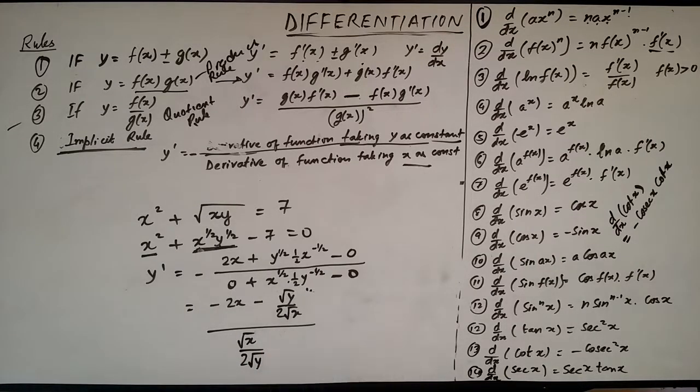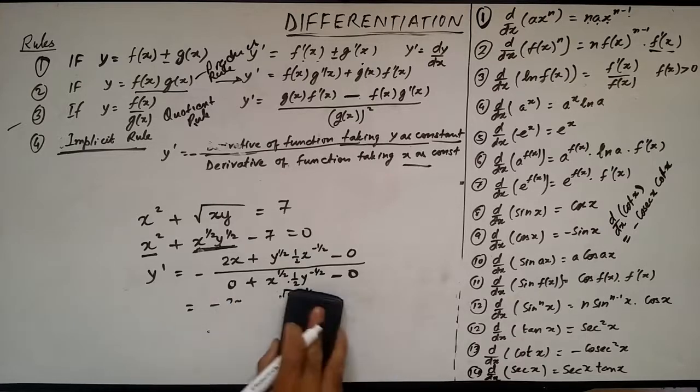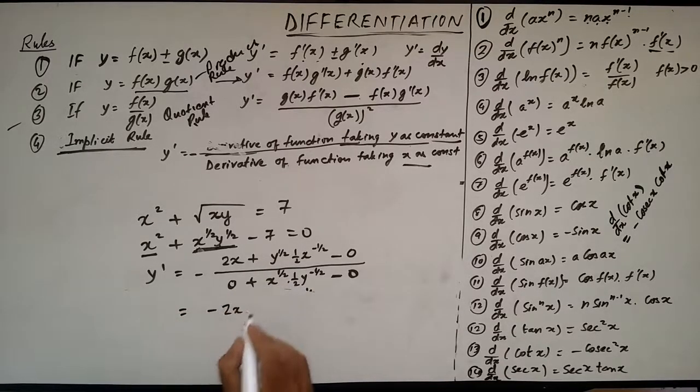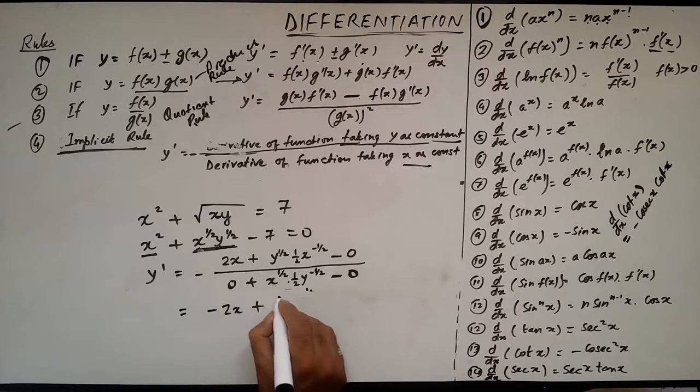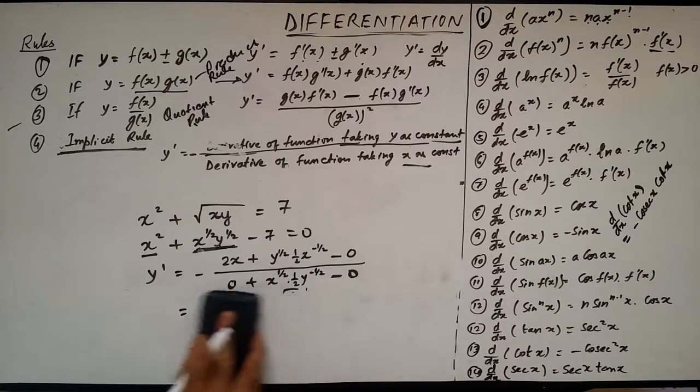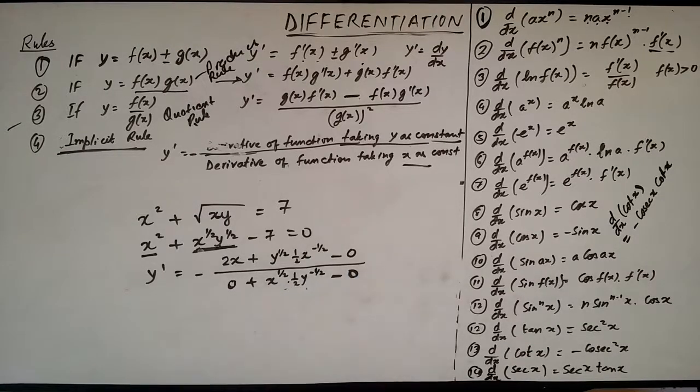Or you can just leave the expression like this. Just remove the zeros and take the sign into account.